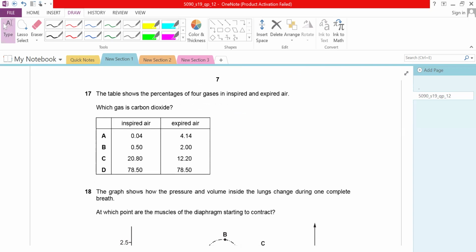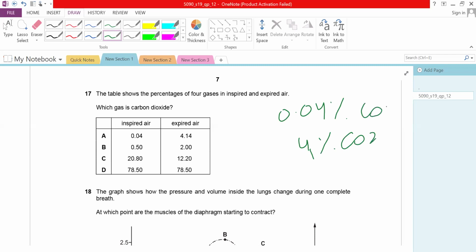The table shows the percentage of four gases inspired and expired air. Which gas is carbon dioxide? As we know, the concentration of carbon dioxide in air is 0.04%. When we inhale this air, we inhale 0.04% carbon dioxide, and when we exhale this air, we exhale 4% carbon dioxide.